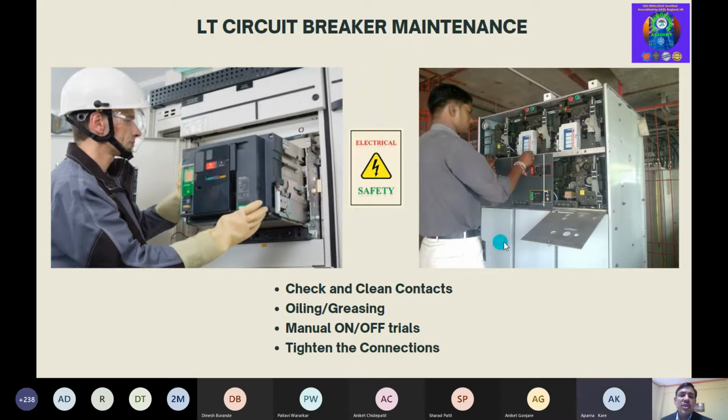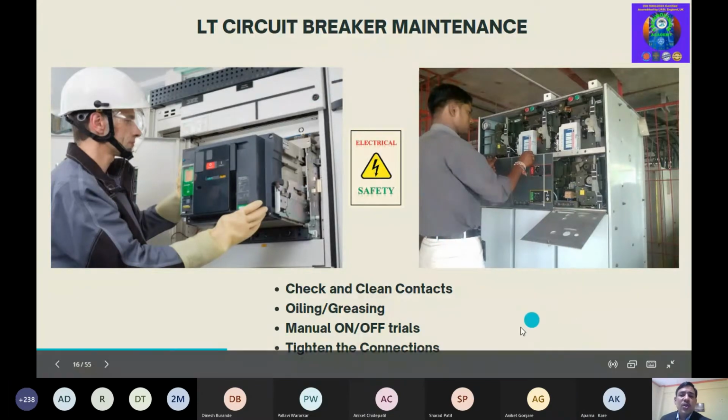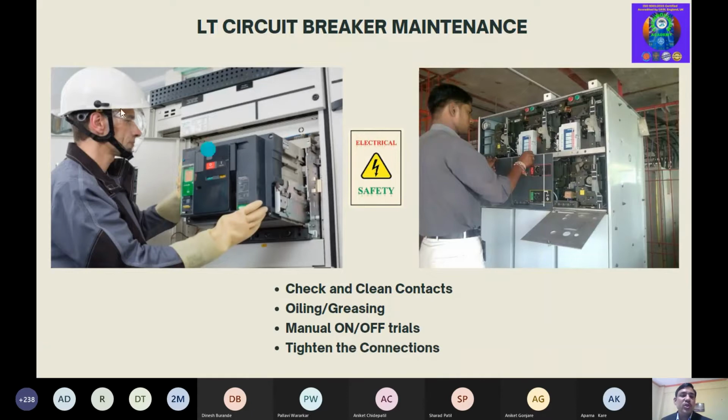So just from here, one thing you can observe, what is the safety aspect you can observe from here. I'm personally advising you, you should not work like this. See here, no hand gloves, no helmet, nothing is there. He is just working on the equipment.